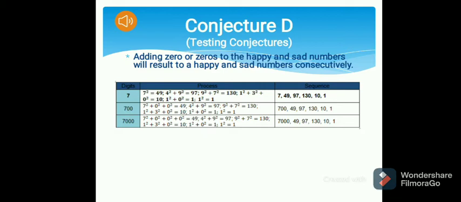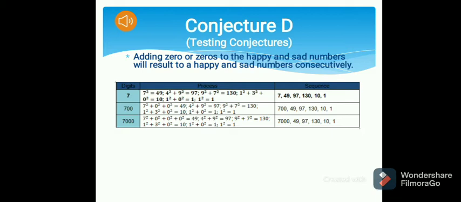For example, the happy number is 7. If we add two zeros after 7, we have 700. We get 1 as a result, so 700 is also a happy number.